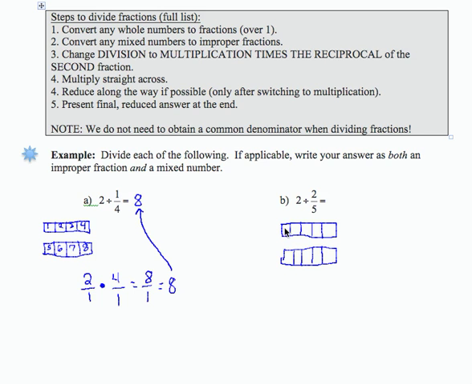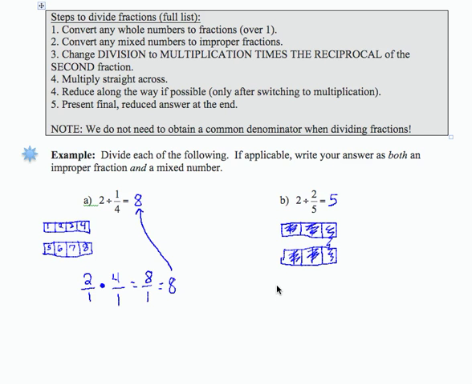So here's 1 2/5, here's 1 2/5, that would be 2, there's 3 of them, 4 of them, and 5 of them if I count this one and this one together. So the result here should be 5.